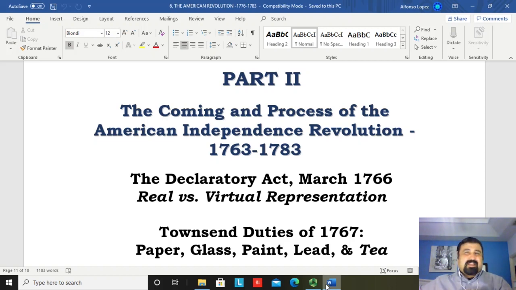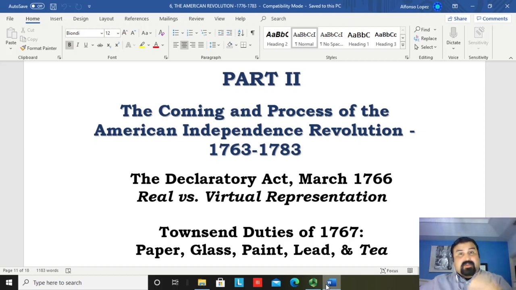If they're going to be paying tax as well, we want to send representatives, delegates to the British Parliament in London to represent our interests. So we want representation. So again, this is very important. We cover that quite thoroughly in session 2.